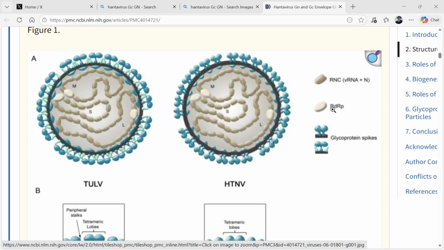Now, the RDRP, the RNA-dependent RNA polymerase, will help to code this into a messenger RNA that is able to produce proteins. And then you have the glycoprotein spikes.